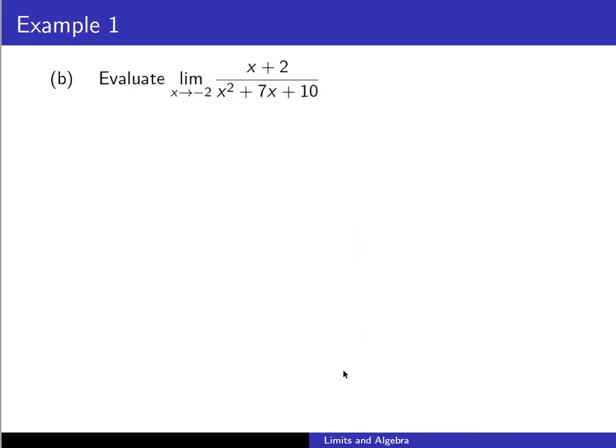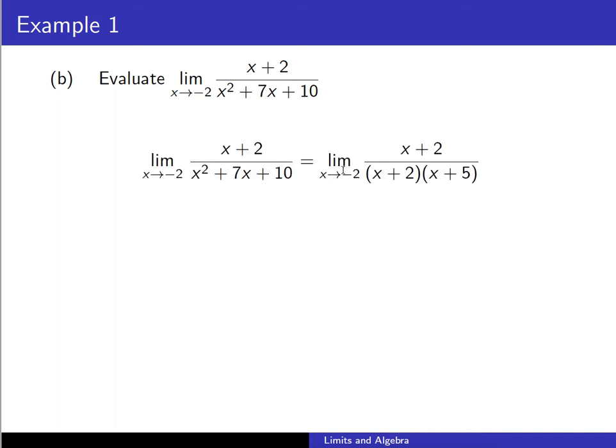Part B, we have the limit as x approaches negative 2 of x plus 2 over x squared plus 7x plus 10. If we plug in negative 2 directly, we're going to get 0 over 0, which is no good. But our denominator is going to factor as x plus 2 times x plus 5.